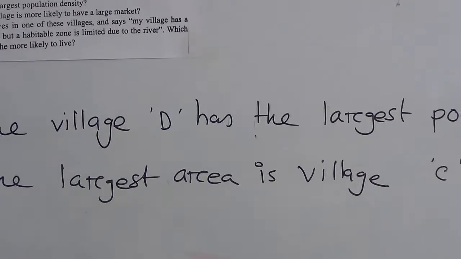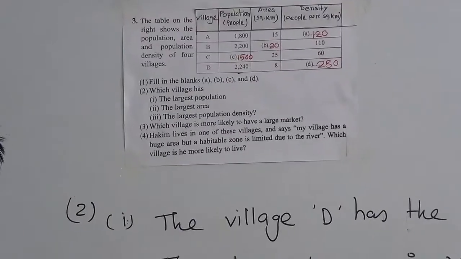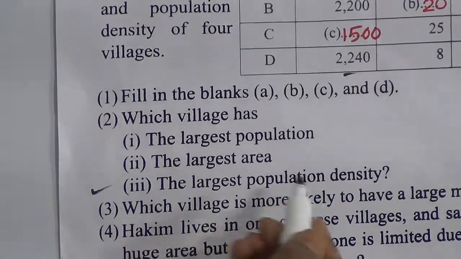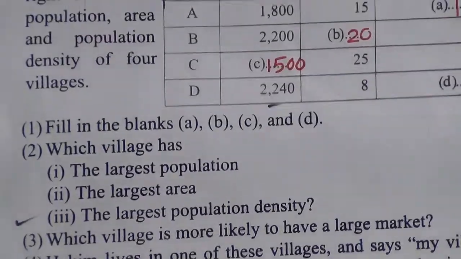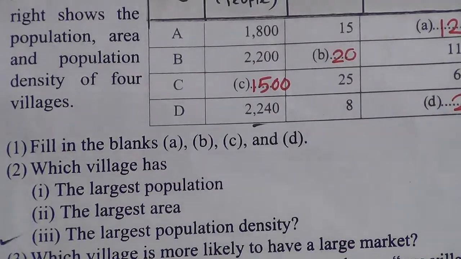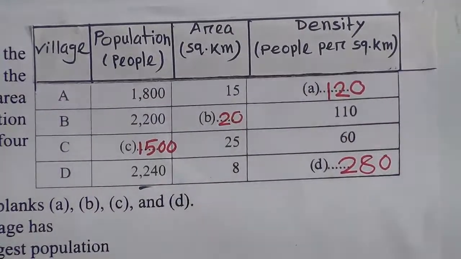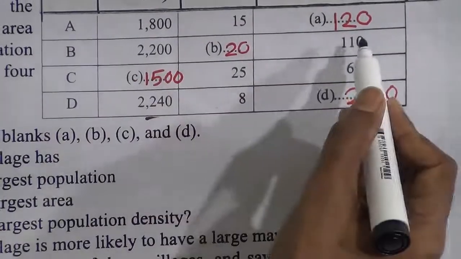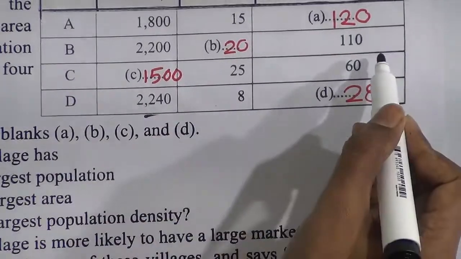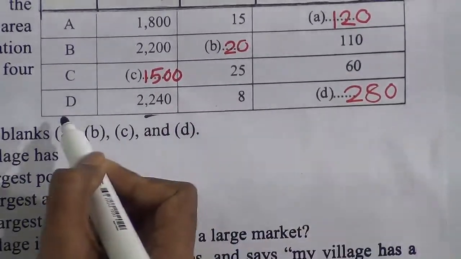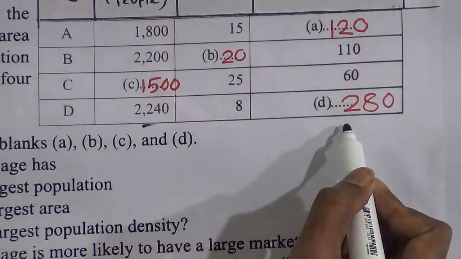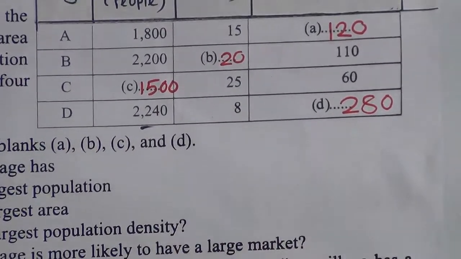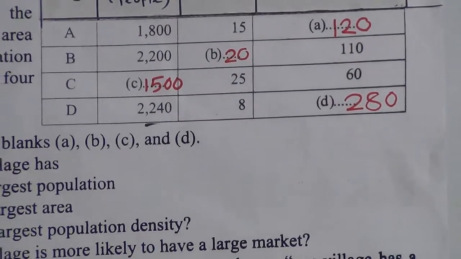Now you see the largest population density. Among the villages, which one has the largest population density? You see village A 120, village B 110, village C 60, but village D has 280 people per square kilometer, that means density.